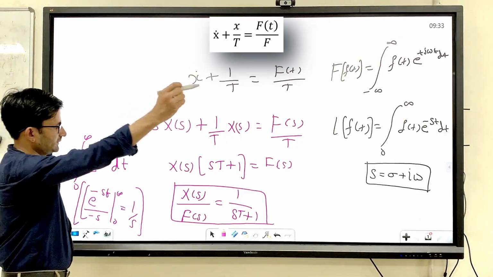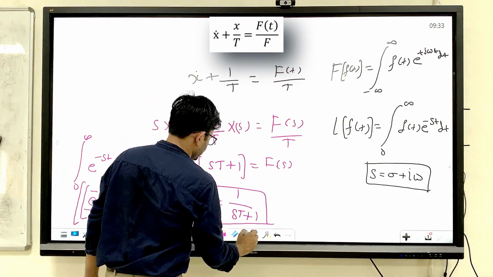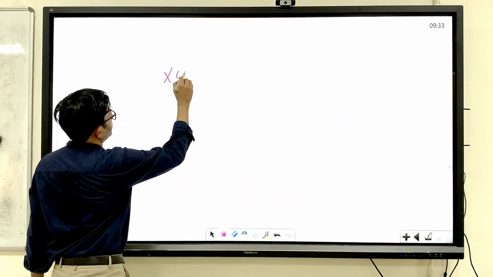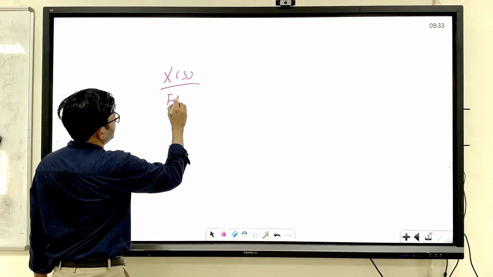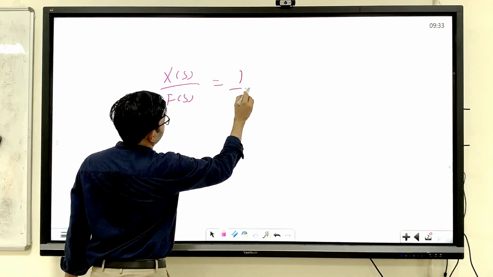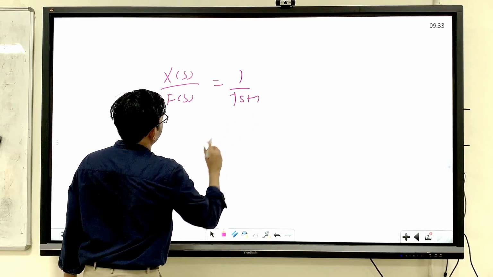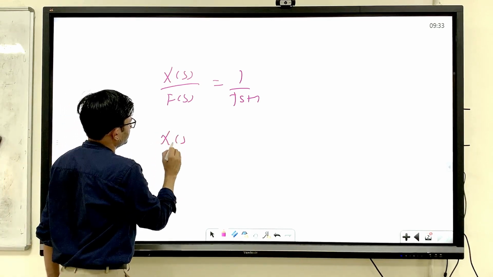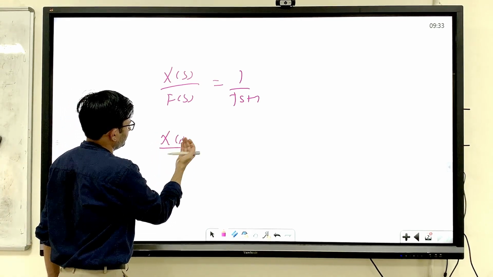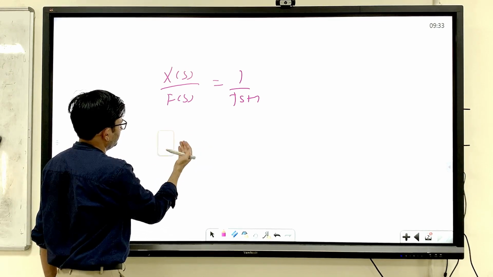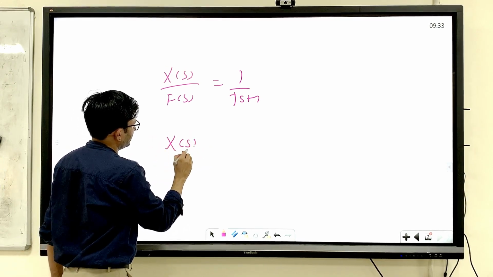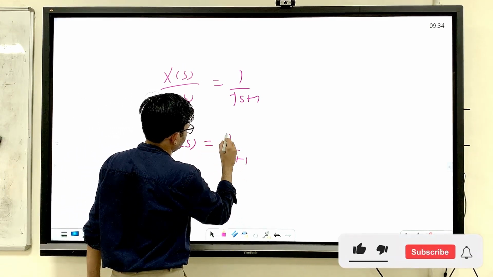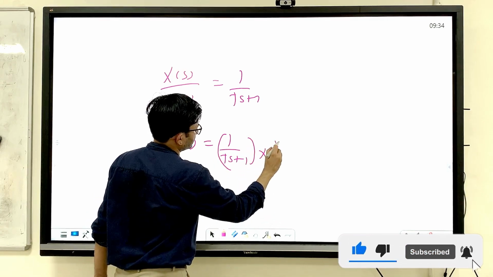So we'll go back. We'll take this expression. This expression is X of s by F of s equal to 1 upon Ts plus 1. Okay. So now we can put X of s equal to 1 upon Ts plus 1 into F of s, right?